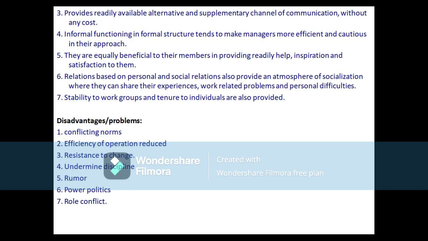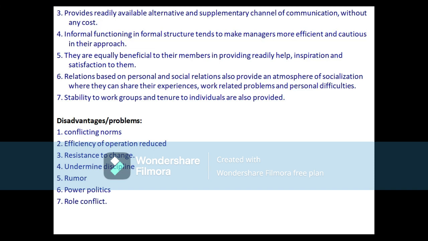Because the people who have similar ideas, similar opinions, similar attitudes form an informal group. So definitely they will have a good cooperative work environment there, and they will like to work there only. So stability of work group can be seen. And tenure to individuals are also provided.